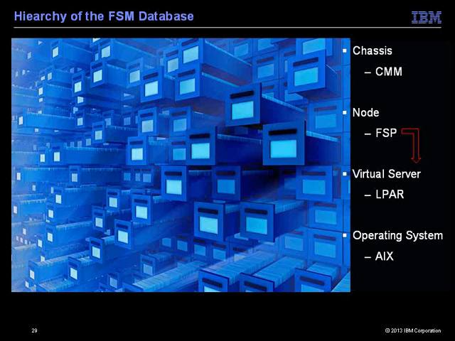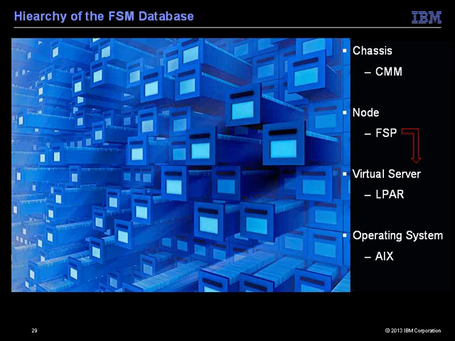That FSP feeds information into the LPAR definitions. Things like RMC pull information about who my management console is from files that get updated from the HMC and are stored within the FSP. And ultimately, it trickles all the way down to the operating system, and the operating system knows who its management console is based on the information we have within the FSM database.